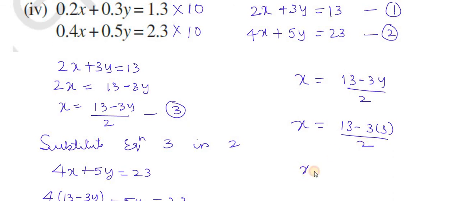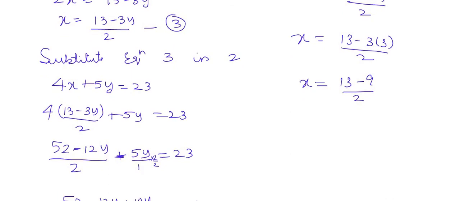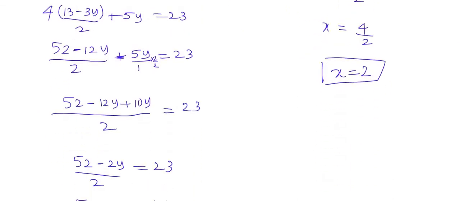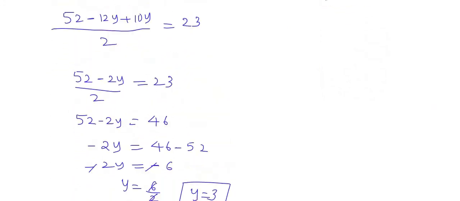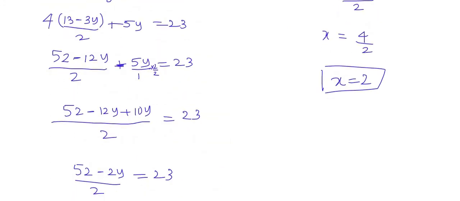Therefore x equals 13 minus 9 divided by 2, which is 4 divided by 2. Therefore x equals 2. So the value of x is 2 and y is 3.